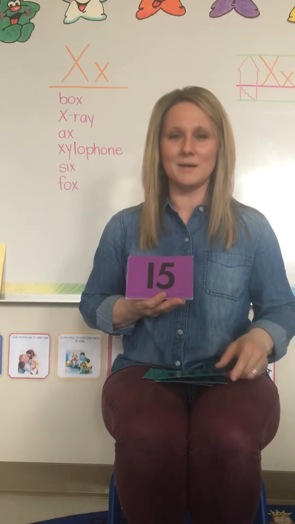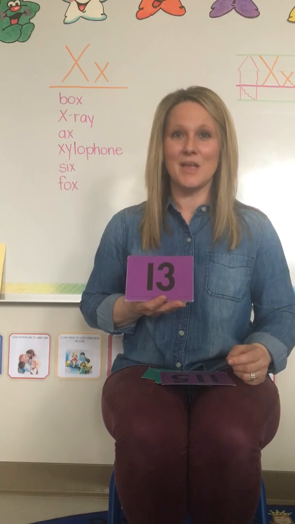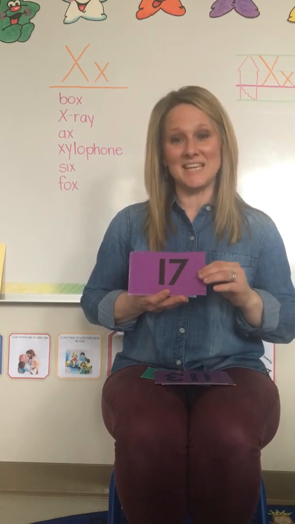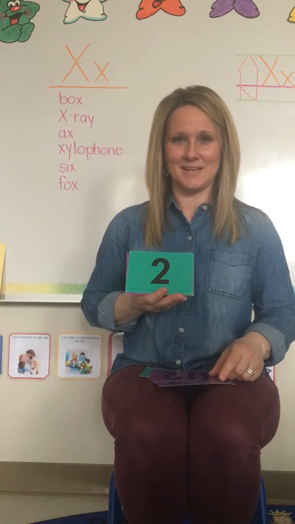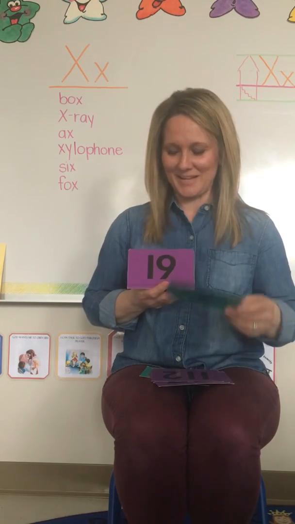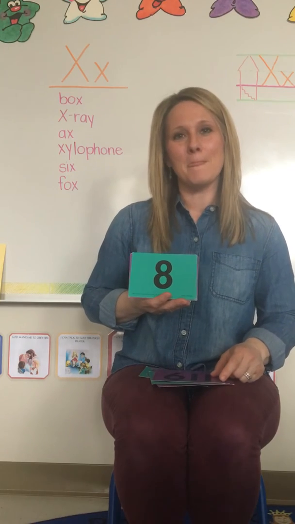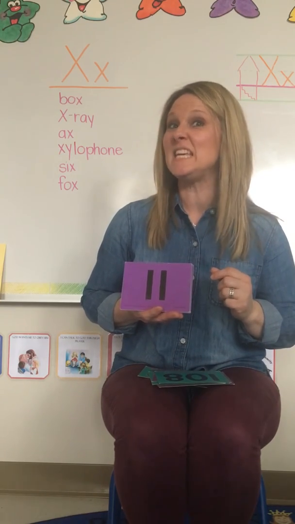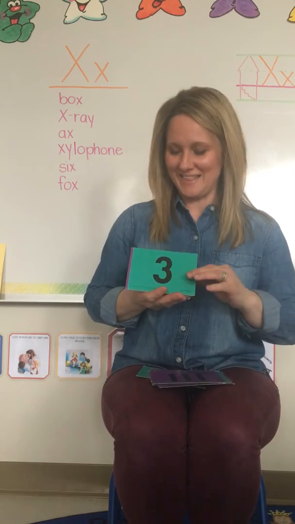Good, number 4. 15, good job. 13. 17. 12. 2, that was an easy one. 19. 8. 11. Now remember, this one doesn't make the teen sound in it, but we know it's in the teen family. 3, that's right.